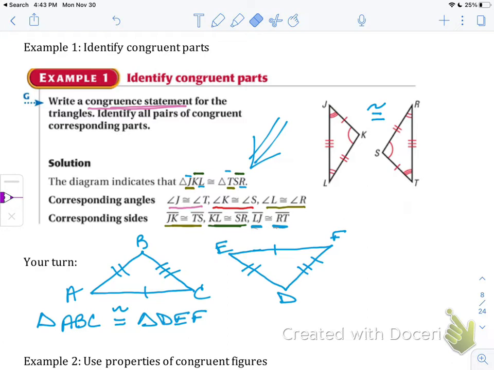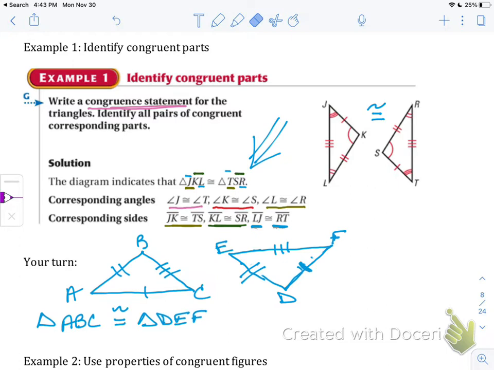AB goes with DE. Okay, so I'm going to do this better. Let's use my statement to label it. So AB is congruent to DE. So DE should be a 2. Okay, BC is congruent to EF. That should be a 3. And AC is congruent to DF. That should be a 1. Okay, so that's what we have going on here.